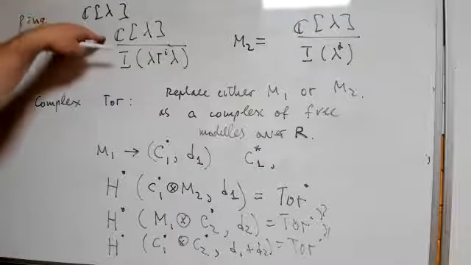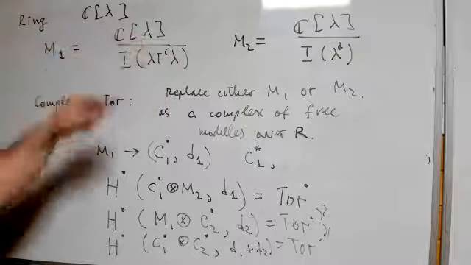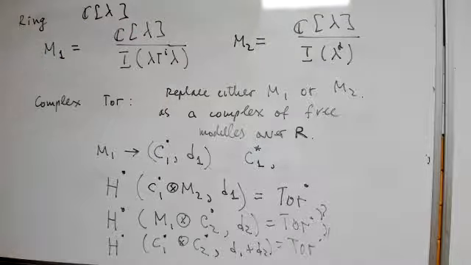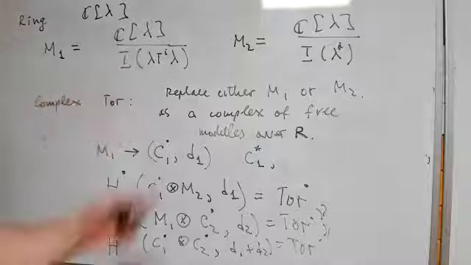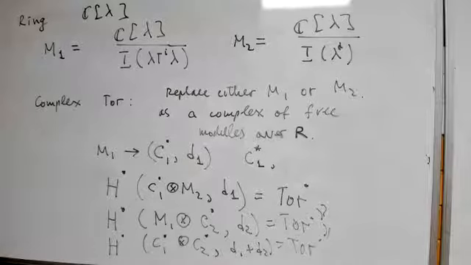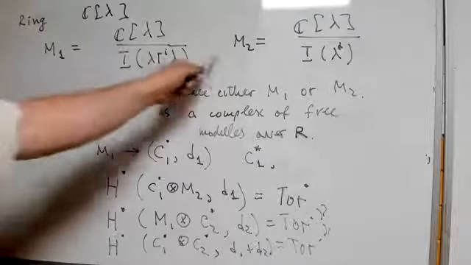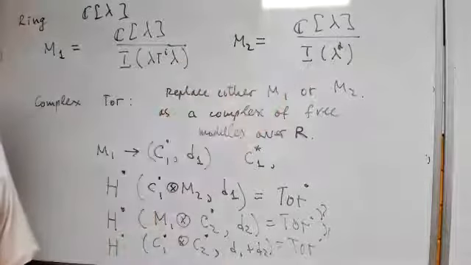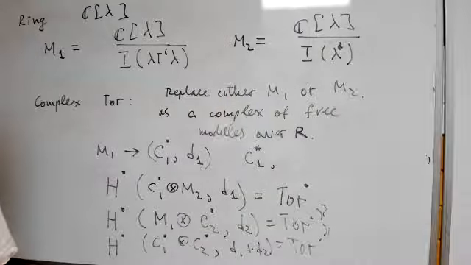You multiply by lambda any polynomial here, and you take the quotient by this I, and here by this I. So neither M1 nor M2 are free. Sorry, M2 is just isomorphic to C.